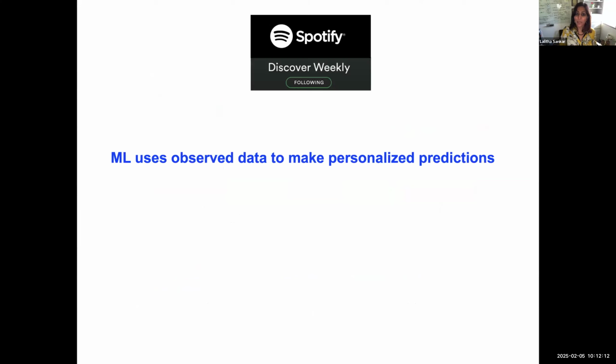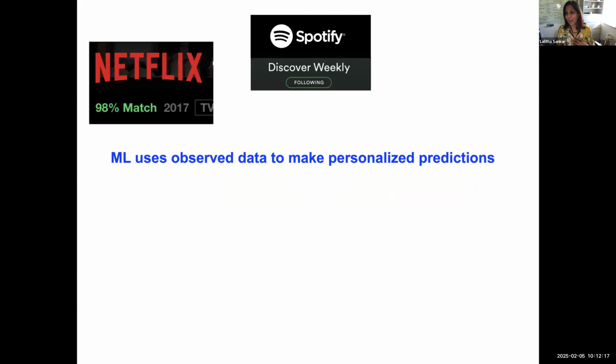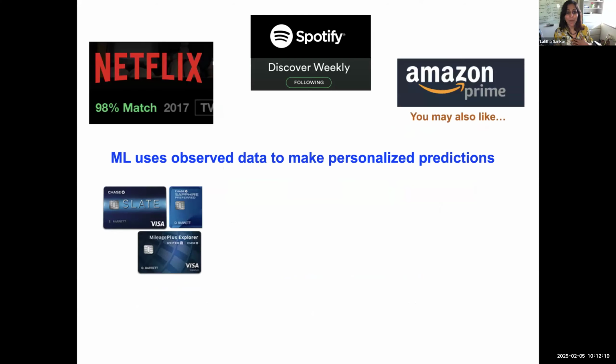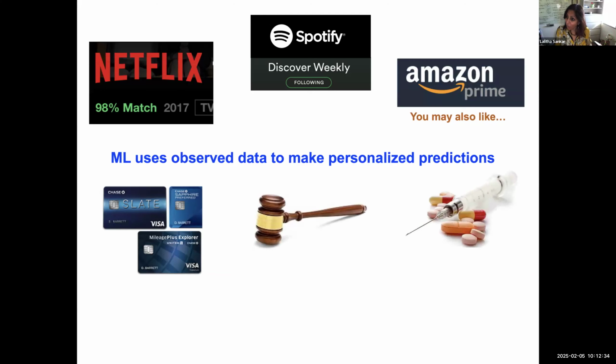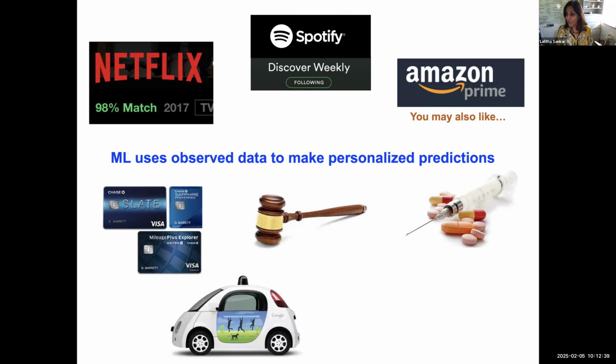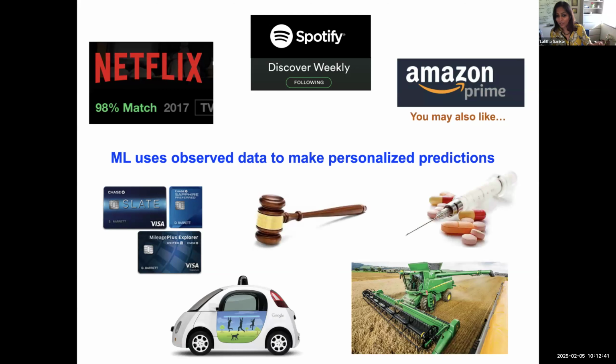In reality, what machine learning does is it uses the observed data to make personal predictions. So literally, you all use music apps like Spotify, you watch shows, you shop, you hope to get credit cards if you've not already. You hope never to go in front of a judge, but maybe somebody wrongs you and you need to make decisions, or you have a family member who did not make a mistake and is struggling with parole decisions, or someday you aspire to cure cancer or AIDS or whatever it is, or drive autonomous vehicles because you want to work while the car is driving, or you want to improve farming.